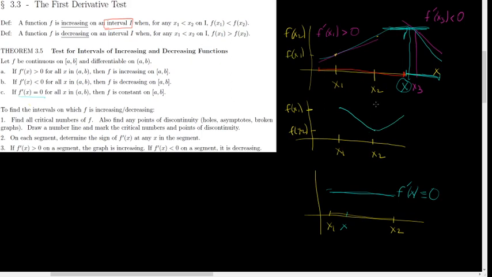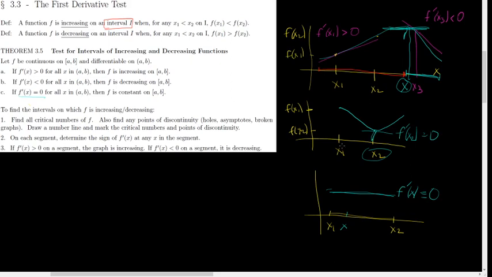So at this x2 here, that would be a critical number because the graph changes from decreasing to increasing, and in particular the slope would be 0 at x2. Right, so the derivative at x2 would be 0. So our critical numbers are where the graph changes from either decreasing to increasing or increasing to decreasing.